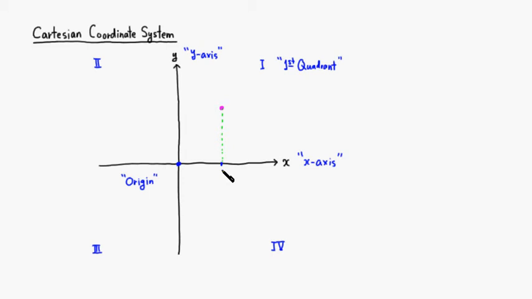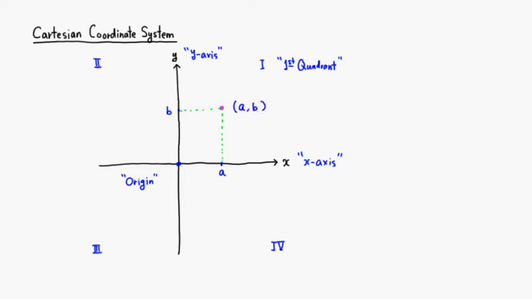Let's call it A. Then you go straight to the y-axis and read the reading there. Let's call it B. So this point has the address, called the coordinates, A, comma B. The x coordinate comes first and the y coordinate second.